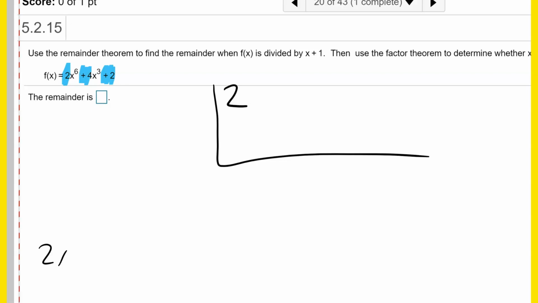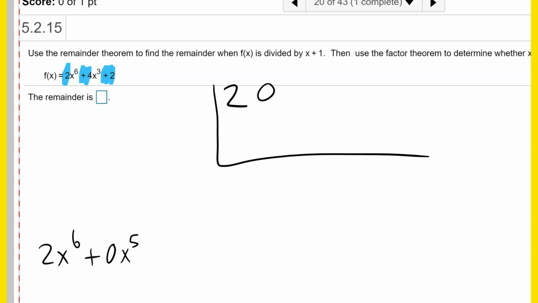So it's like 2x to the 6th plus 0x to the 5th, because there is no x to the 5th term. So I've got to put a 0 next. That's called a placeholder. When the polynomial is skipping over terms, I have to put a 0 in as a placeholder for that term.